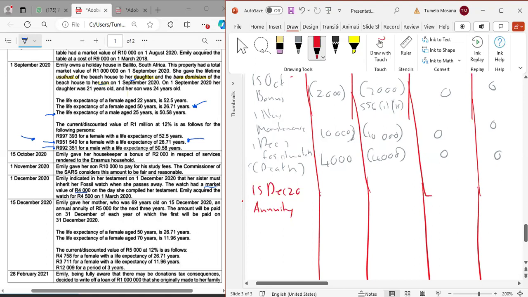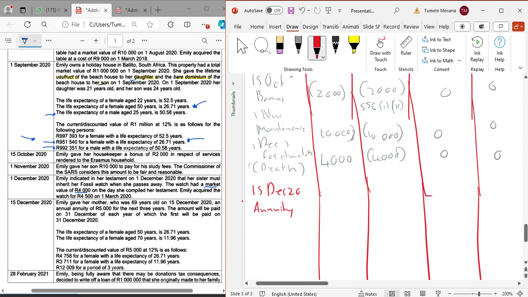The life expectancy of a female aged 50 is given. In my head, I thought Emily was dead. She's not dead. She's alive on the date of this transaction.